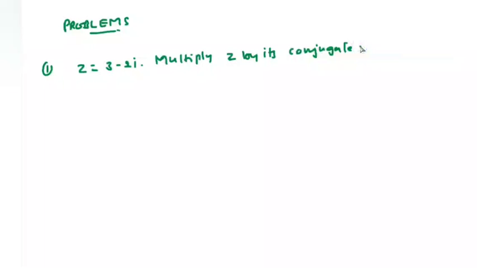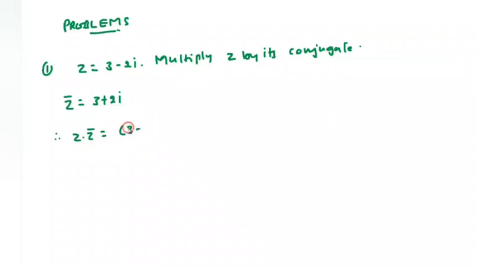Suppose we are given a complex number z = 3 - 2i, and you are told to multiply z by its conjugate. In this case first we will find out z bar, the conjugate of z. What will be z bar? We know that it is 3 + 2i. Now let us multiply z into z bar.